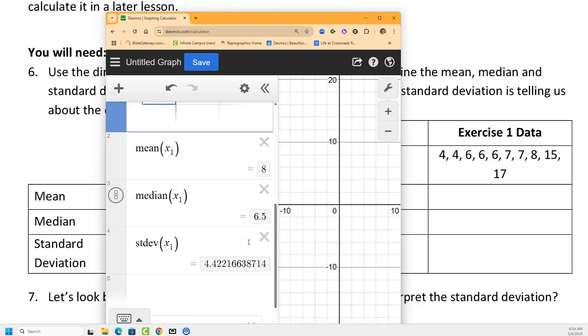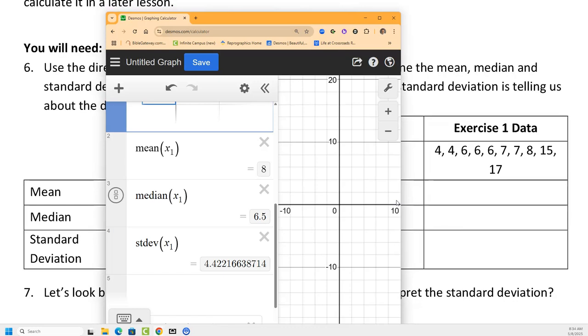Okay, and let's scroll down here, and you can see that the mean was 8, which is what we said. And the median was 6.5, that's what we calculated. And then the standard deviation is 4.42.